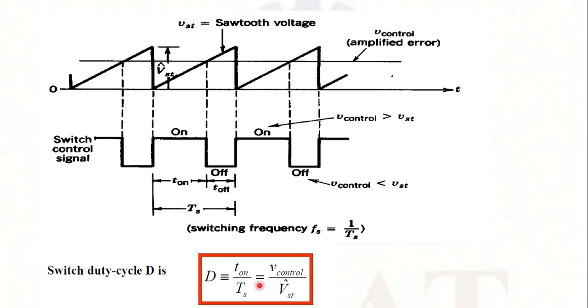So D into Ts is the T on, and 1 minus D into Ts is the T off, where D is the duty cycle.